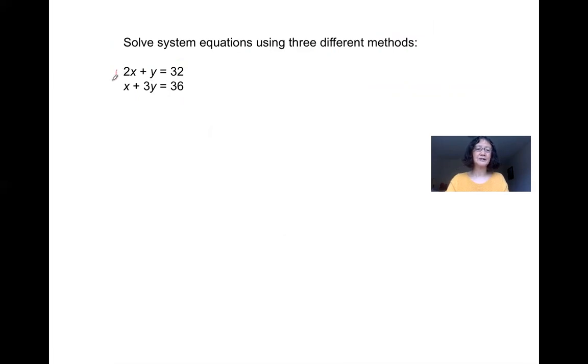This is the system of equations we get from the example, adult ticket, child ticket. First, let's use the graphing method. To solve by graphing, you need to create a rectangular coordinate system.